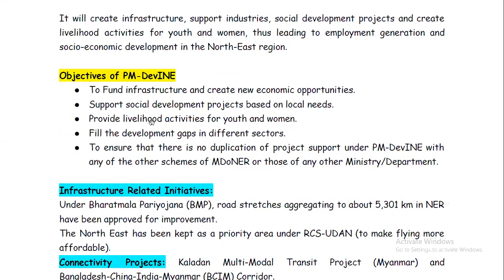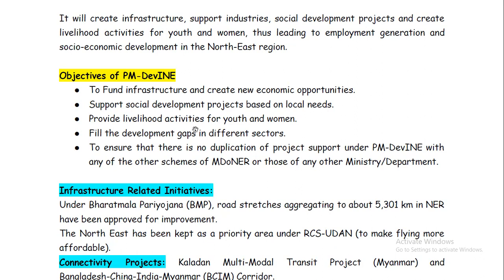Now look into the objectives of PM-DevINE. First, we just saw, to fund infrastructure and create new economic opportunities. Second, to support social development projects based on local needs. Whatever the local needs, it will support such local, niche-based projects, which are social development projects.